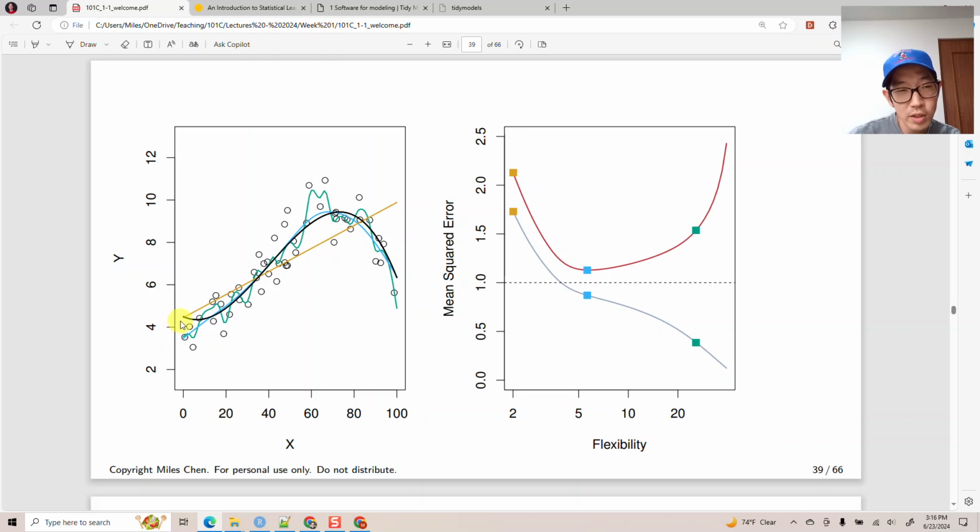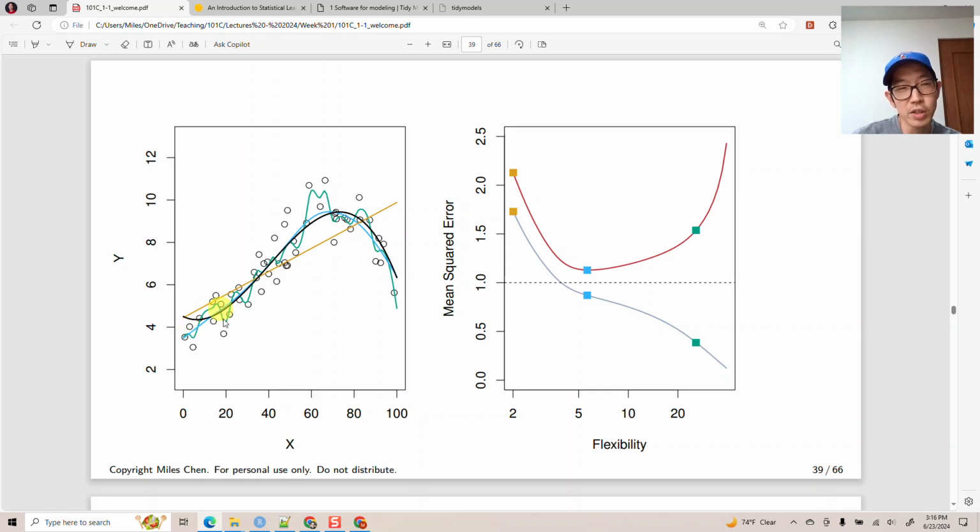Because we have supervision, we can see that it matches the black line fairly well, but not perfectly. And we also have this green line that performs really well as far as predicting the dots go, but we can see it deviates quite a bit from the black line.